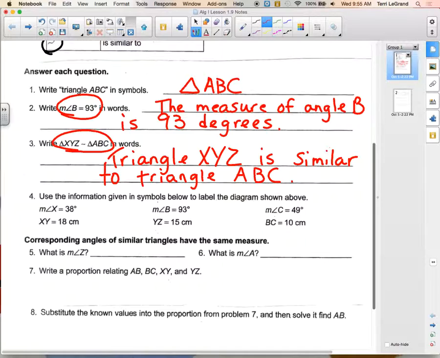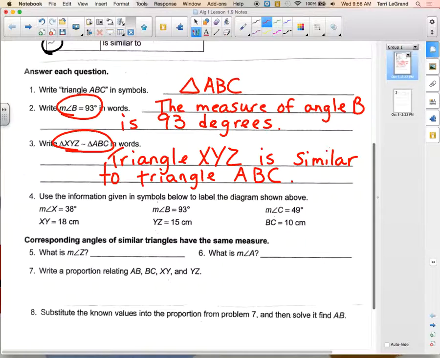So we're getting close, you guys. Corresponding means in the same position, in the same place as the other figure. So when we give those angle measures in a triangle name, like XYZ and ABC, angle Y does correspond with angle B. Give me another pair of corresponding angles. Sage?